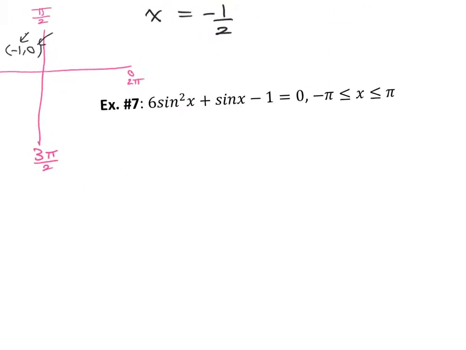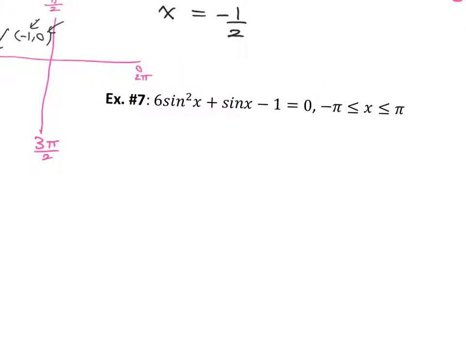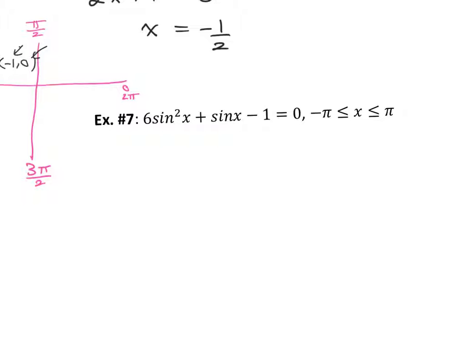Last. Okay, so this last one, we're gonna go ahead and again substitute. Instead of sine squared x, we're just gonna put x squared, and we're gonna just factor like we know how to do. So 6x squared plus x minus 1 equals 0. Then you're gonna go ahead and factor this.